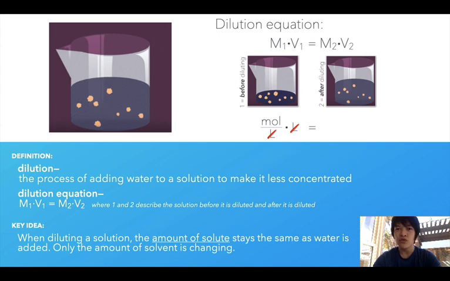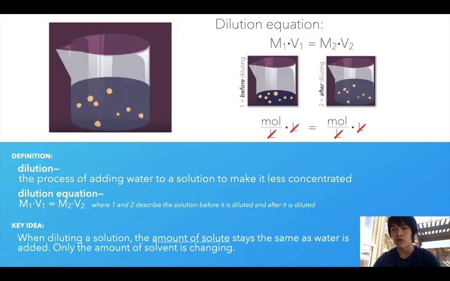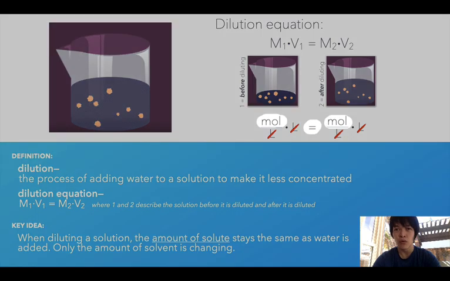The M2 is the same thing on the right side, and the V2 is the same thing. Liters and liters cancel out here too. I'll say it again. The amount of solute molecules should stay the same before and after a dilution. This is clearly represented in this dilution equation because you can see moles equals moles in the end.